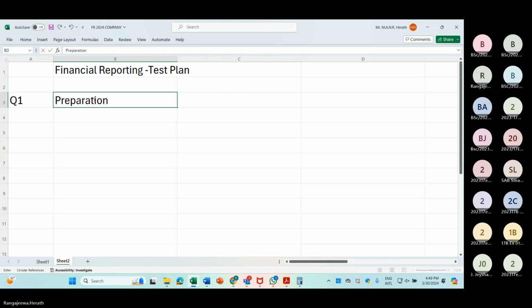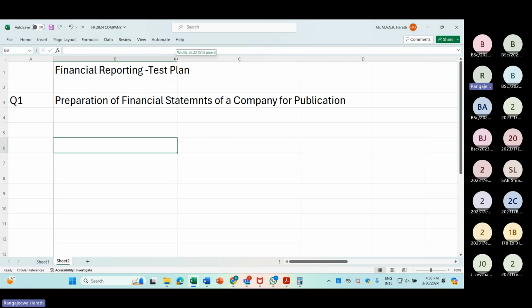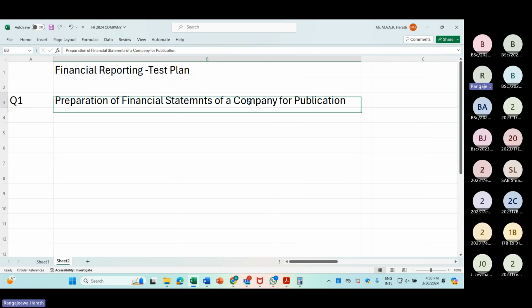Preparation of financial statement of a company for publication. Right. So you'll be tested the same areas what we have discussed.